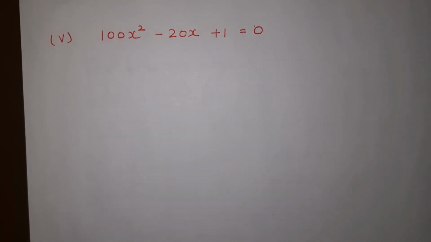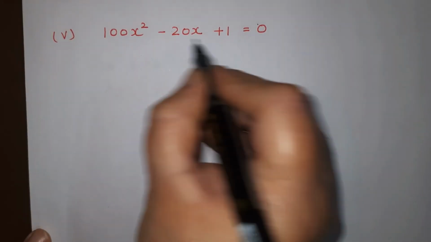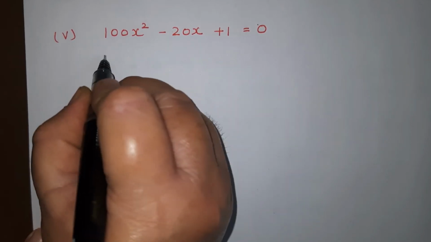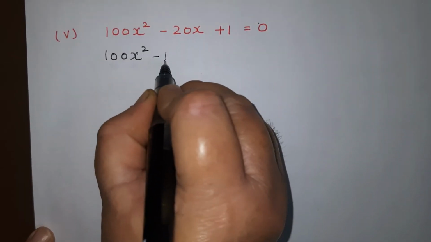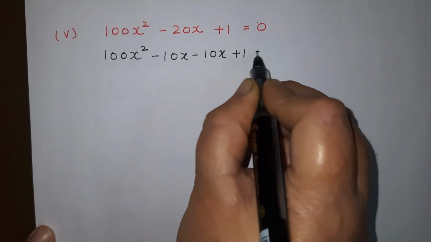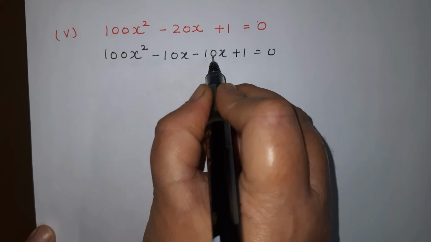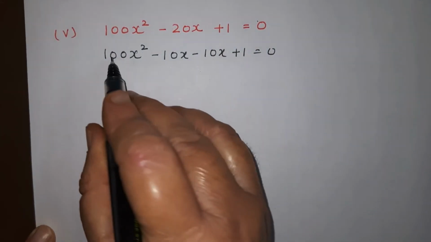The last part is 100x² - 20x + 1. Now this is -20x, so this is 100x², and splitting the middle term, I can write it as -10x and -10x. Now -10 and -10 is -20, and -10 into -10 is 100.